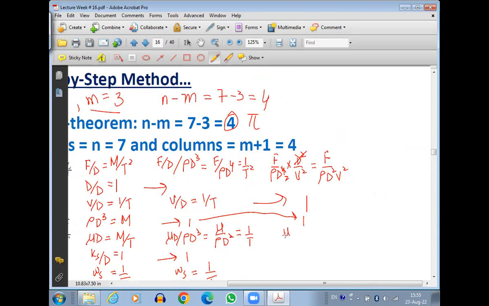Mu over rho d square multiplied by t, which is d by v, so this d will be cancelled by this. So it will become mu over rho d v. This is our another dimensionless parameter.